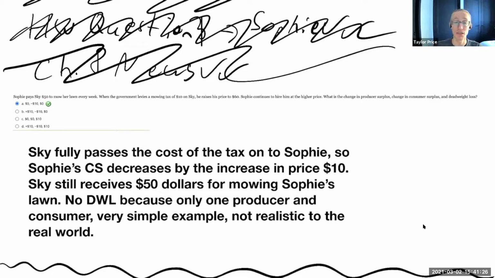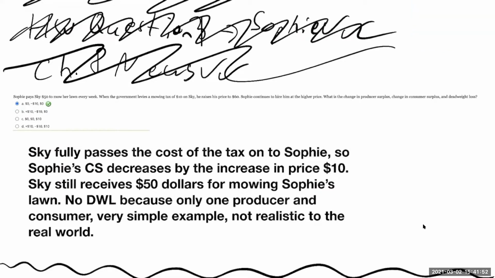And because of that, there's no deadweight loss because there is no decrease in the equilibrium quantity in the market. Sky is still selling one mowing service to Sophie, and Sophie is still buying that one mowing service. So in that market, there's no change in the equilibrium, which is what causes deadweight loss.